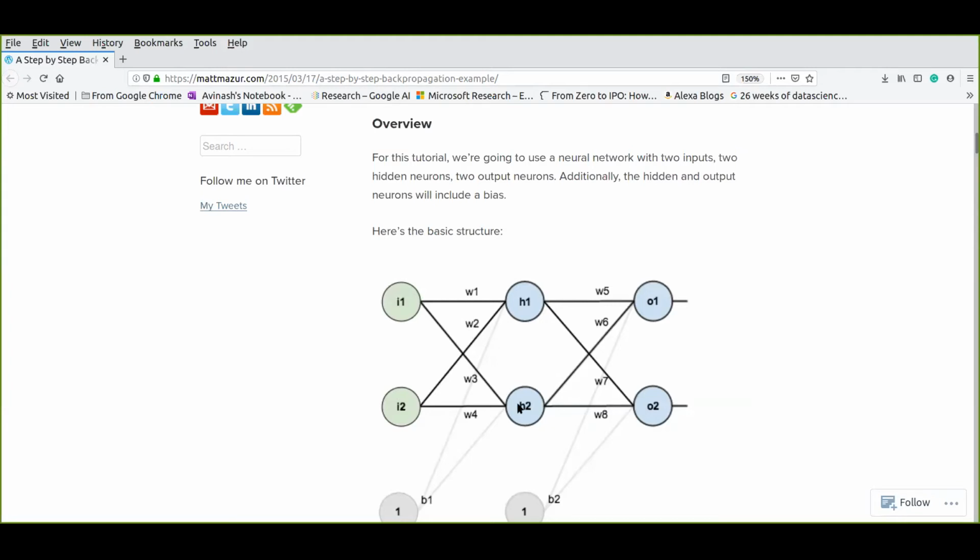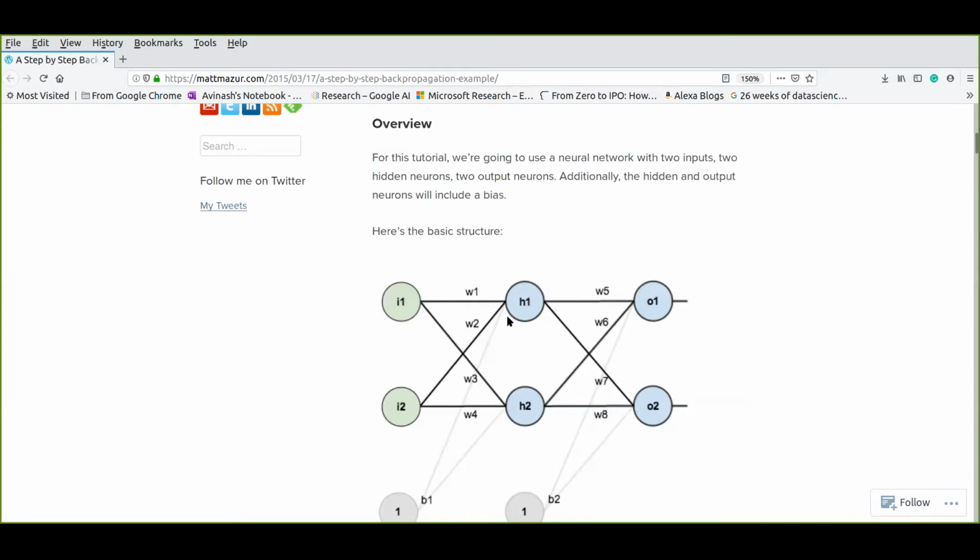So this hidden layer again has 2 neurons. And then we have the output layer, which again has 2 neurons. So this, as I said, is a very simple neural network, just to make things clear and easy to understand. Here we have an input layer with 2 neurons and a hidden layer with 2 neurons.